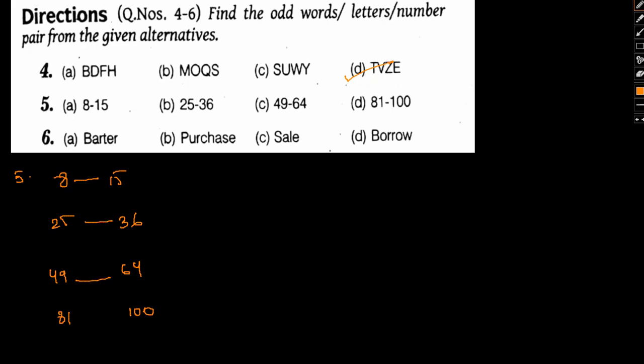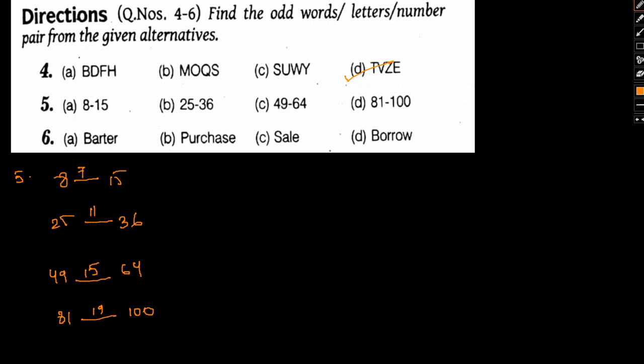These are the pairs that are given. Let's go through each and every pair and see if any kind of pattern exists. So 8 to 15: the difference here is 7. 25 to 36 is 11. 49 to 64 is 15, and 81 to 100 is 19. So no pattern as of yet.